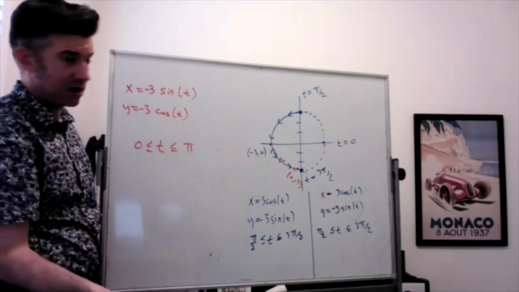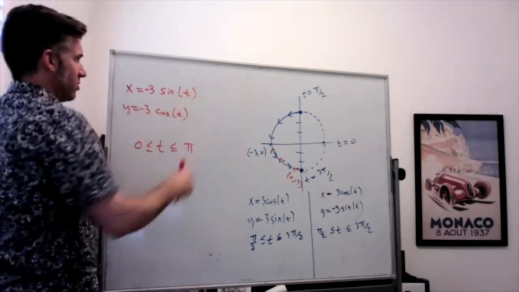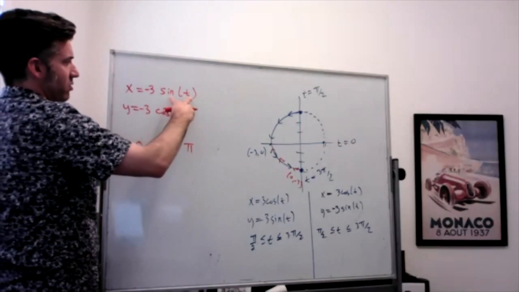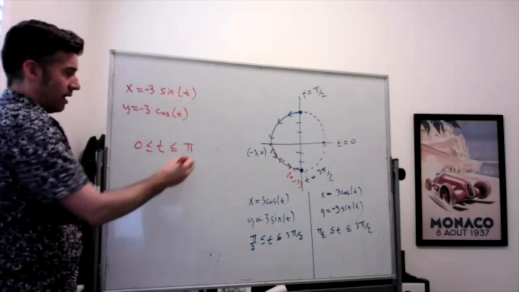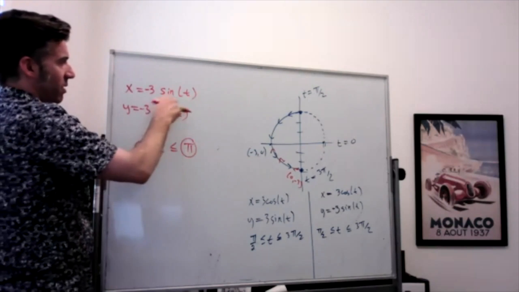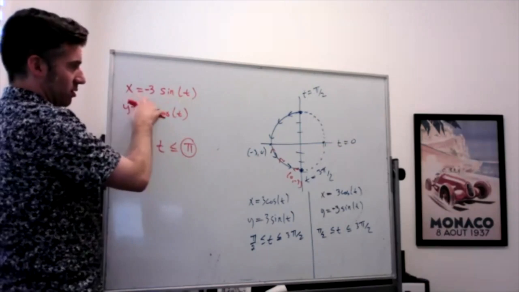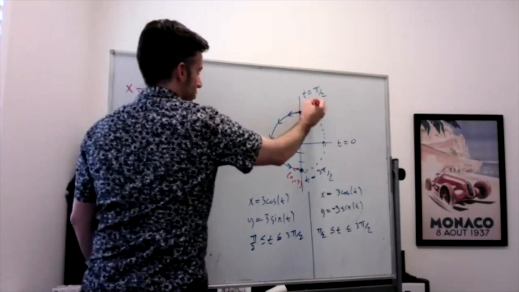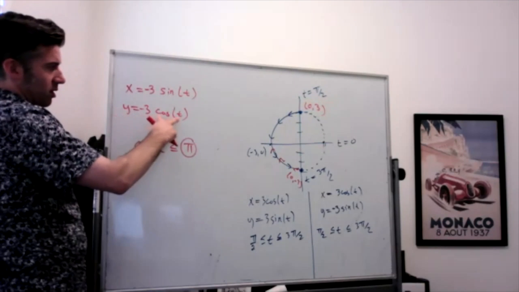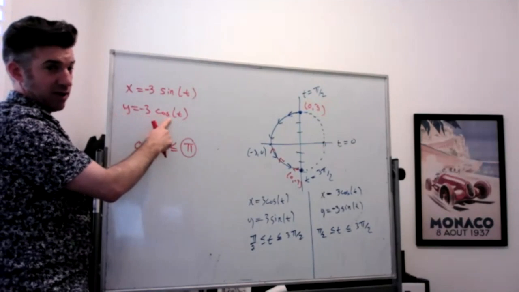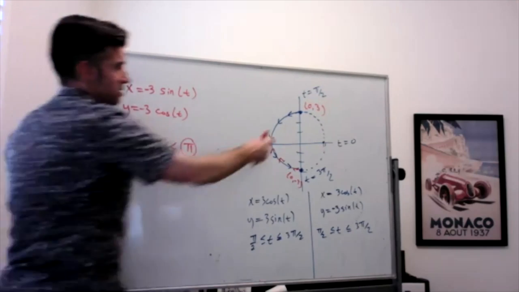Looks like it works. And then I can plug in the end to check. Sorry, not pi over 2, pi, right? I'm ending at pi. Sine of pi is 0, so I end up with an x coordinate of 0. Great. And y is going to be, well, cosine of pi is negative 1, and negative 3 times negative 1 is positive 3, so y is going to be 3. So we're good to go.